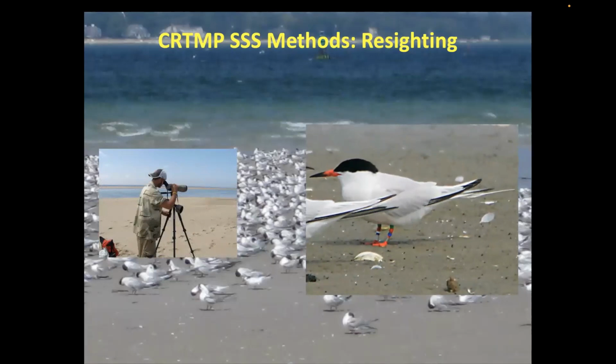And I can't quite see it here, so I guess you can't either, but that's a bird with upper dark green bands, and on the left, it's got a dark blue band, and then on the right, it has a bicolored white-blue band. So like I said, we could identify these adults, but we had a real hard time trying to get in close enough to read the 4-character bands on the young birds. And if an adult lost one of its middle bands, again, we'd have to get in close enough to read that 4-character band. So next.